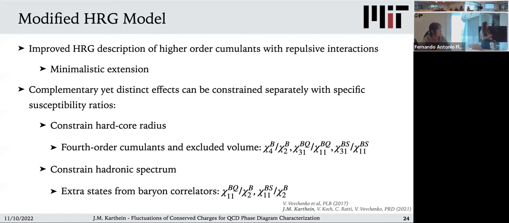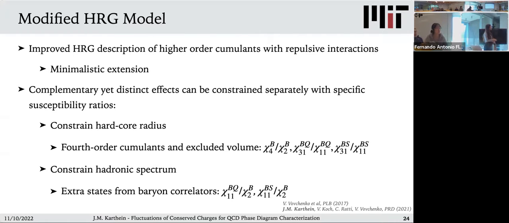This is actually a minimalist extension where we just add repulsion between baryons with baryons, and antibaryons with antibaryons. So this is adding a hardcore radius, which we can constrain with very nice ratios, which are going to be sensitive to just the hardcore radius, so just the additional parameter that we've added to the model.